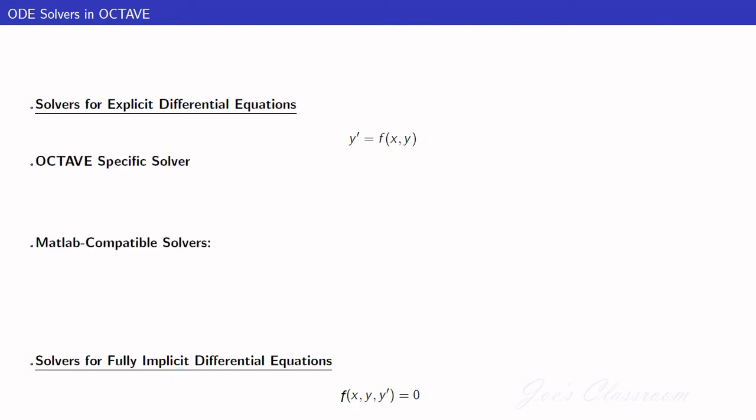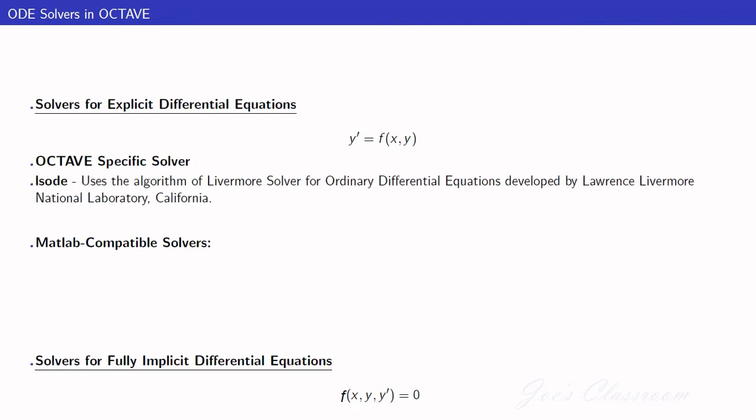When it comes to the explicit differential equations, Octave has got a unique solver associated with it, and in addition to that it has got some MATLAB compatible solvers also. The Octave specific solver is lsode.